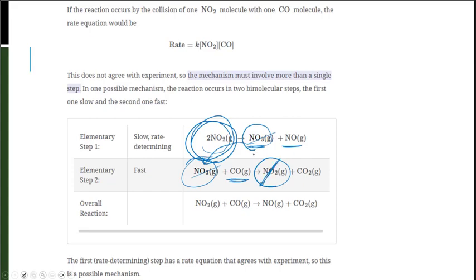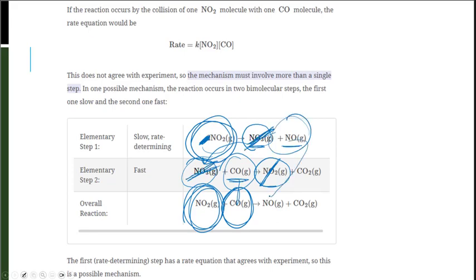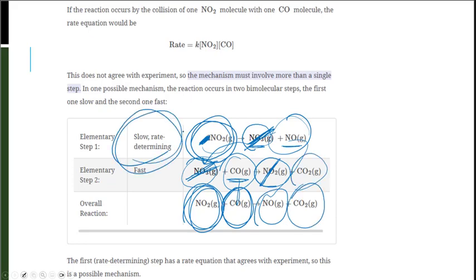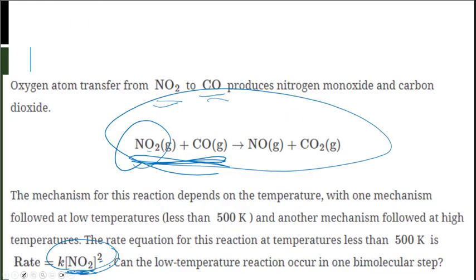So one of those NO2s and one of these NO2s would cancel out, leaving me with just one NO2, bringing down that CO. The intermediate cancels out, and then I'm left with one NO down here and one CO2. So the slow determining step must include two NO2s bombarding with one another in the slow step.